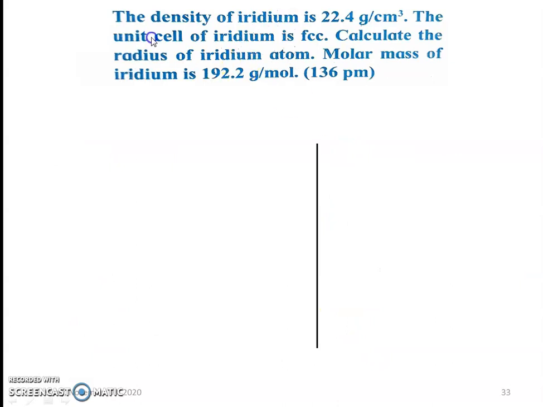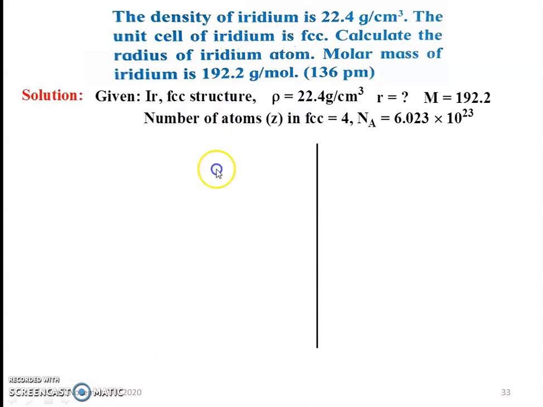Another example: the density of iridium is 22.4 gram per cubic centimeter. The unit cell of iridium is a face centered cubic cell. Calculate the radius of an iridium atom. The molar mass of iridium is given, it is 192.2 gram per mole.